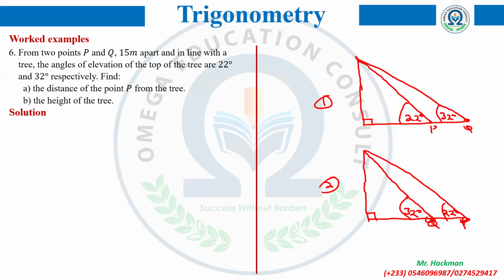So, assuming you are far away from a building. You can see that if you are far away from the building, you can easily see the roof of the building, true or false? True. You agree.